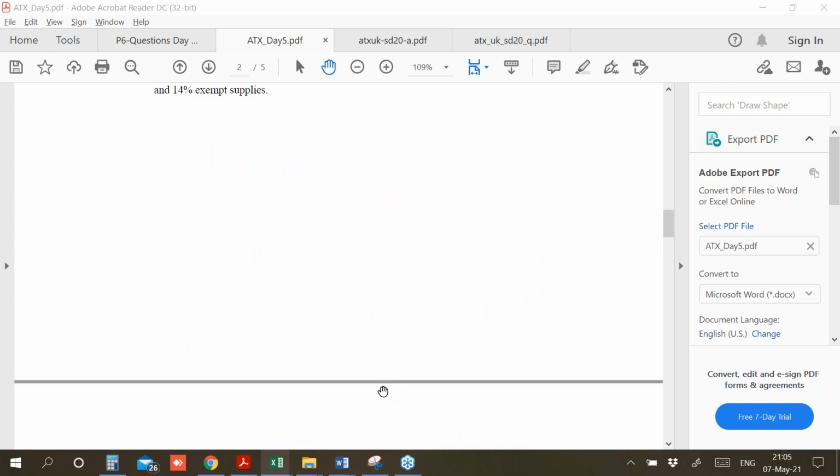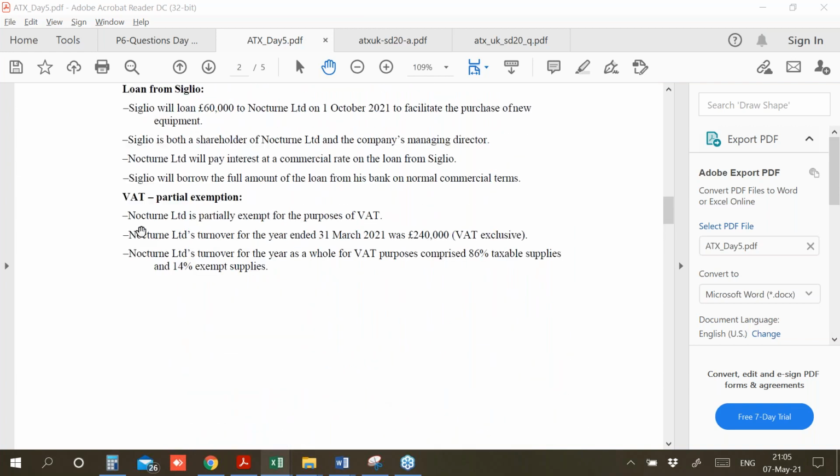Now let's read about its VAT position. Nocturne is a partially exempt business. Nocturne's turnover for the year ended is 240, VAT exclusive, so the VAT is not included in that. Nocturne's turnover for the year comprises 86% taxable supplies and 14% exempt supplies.